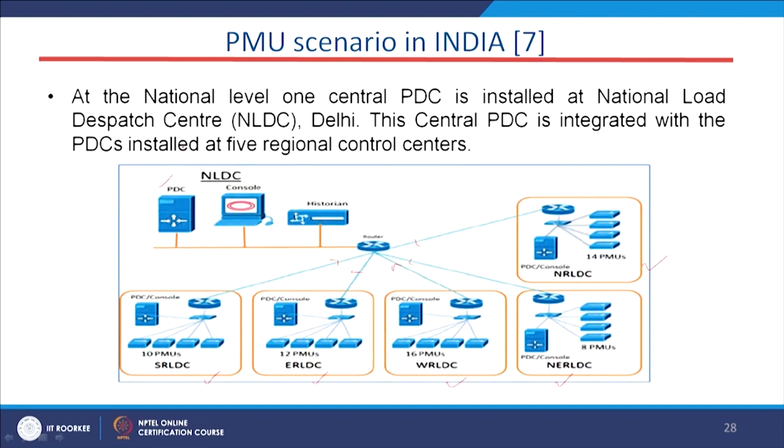There we receive all the PMU data from all 5 regional grids. PMU pilot projects are also upcoming, some PMUs are installed and in operation, and the Government of India is also planning more PMU installations in our transmission network.